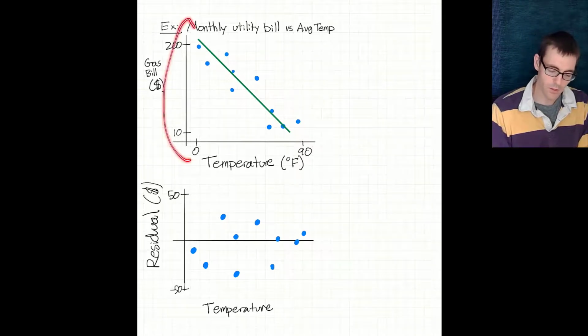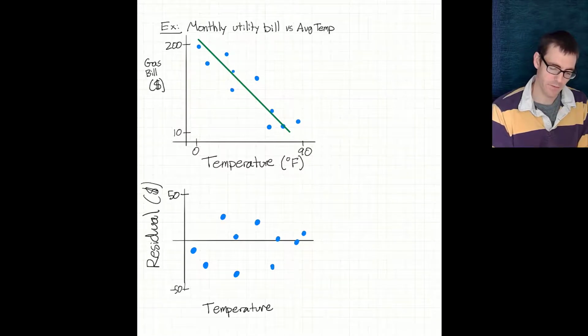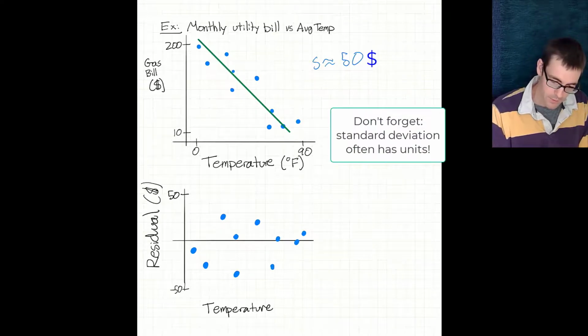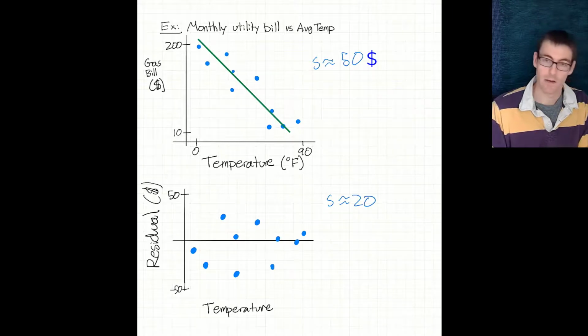Originally our values were ranging from 10 to 200, so a rough estimate might be that the standard deviation is in the ballpark of, let's say, 50. Whereas down here, because our residuals range from, let's say, -40 up to 30, it might be reasonable to say that the standard deviation is something closer to 20. So let's estimate the standard deviation down here to be about 20.